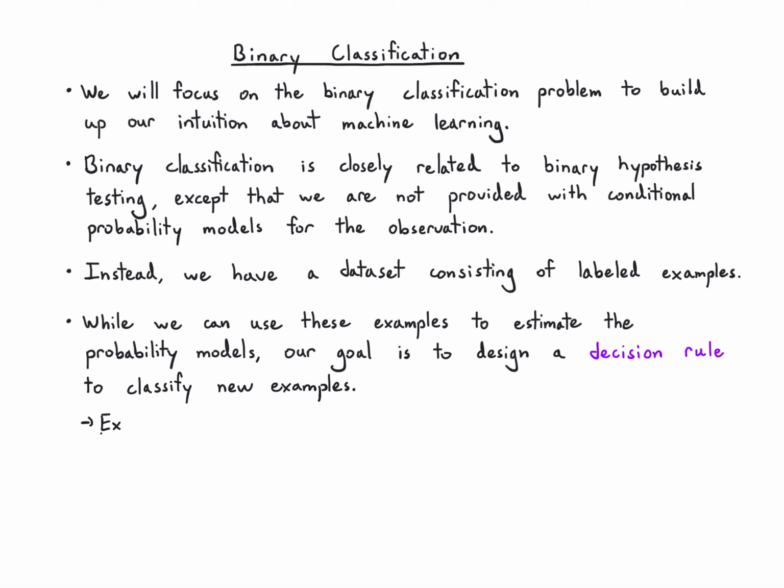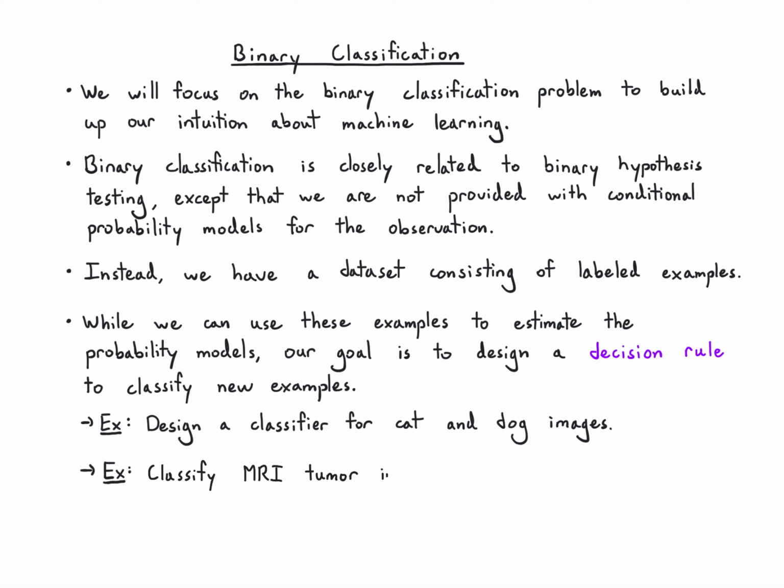Here are some examples. The first is to design a classifier to tell apart dog images and cat images. The next is to design a classifier to tell apart MRI tumor images that are either malignant or benign, and maybe the data set there is labeled by expert radiologists.